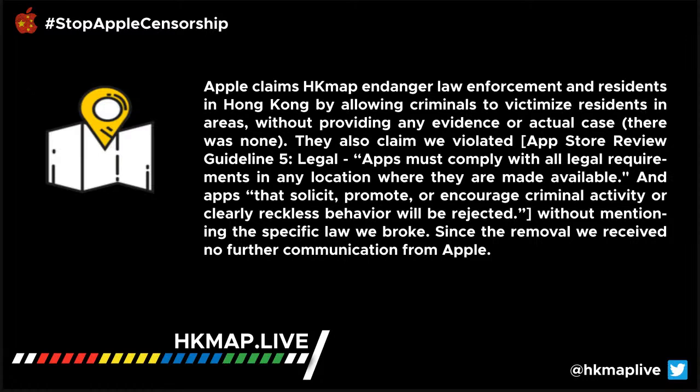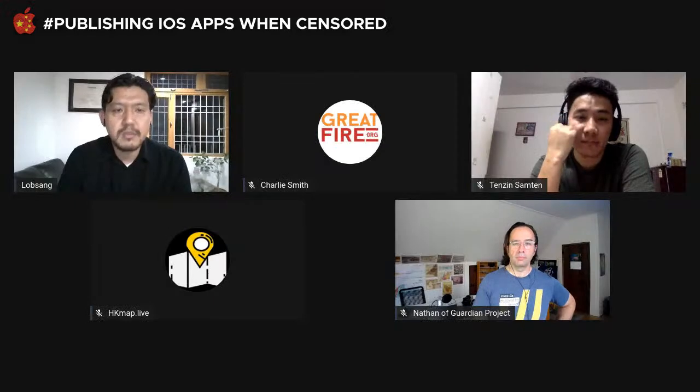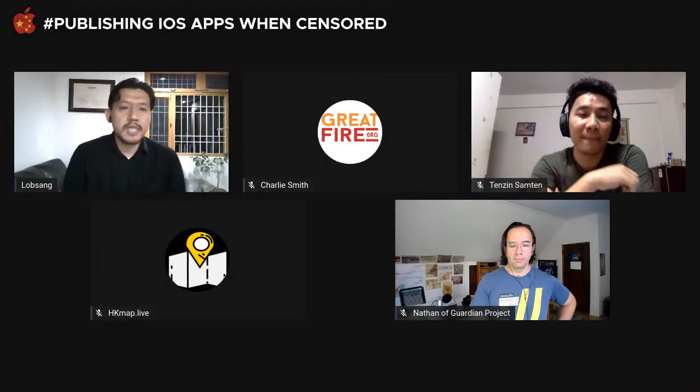Apps must comply with all legal requirements in any location where they are made available. And apps that solicit, promote, and encourage criminal activity or clearly reckless behavior will be rejected, without mentioning the specific law we broke. Since the removal, we received no further communication from Apple. Yes, thank you, HK Map.